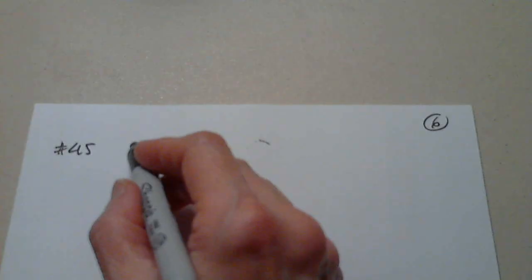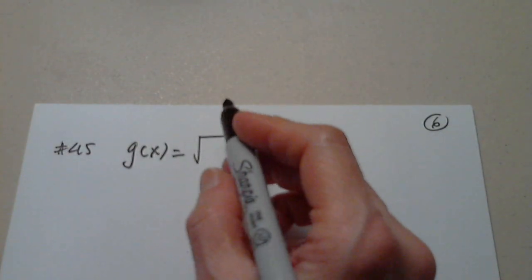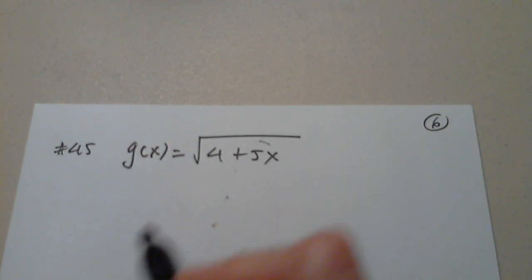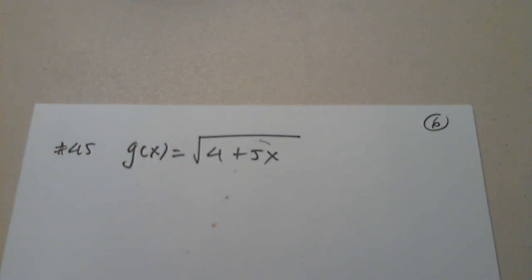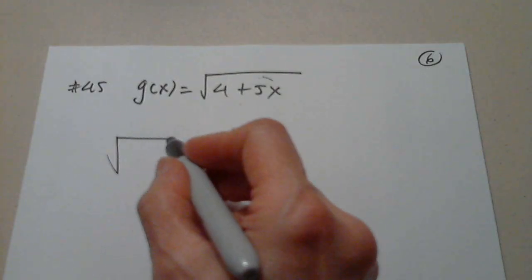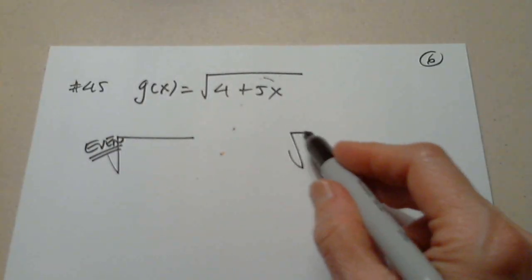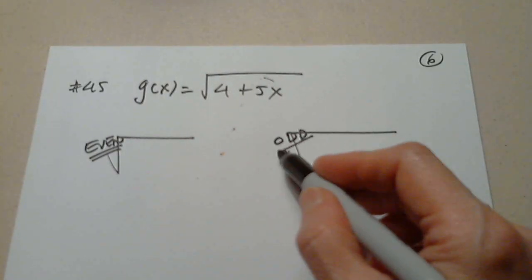Here's another function that I consider not friendly, like, for example, 45. 45 is not a friendly function. 45 is the square root of 4 plus 5x. What could go wrong with a radical function? And before you say anything, there are two different types of radicals: radicals with an even index and radicals with an odd index.